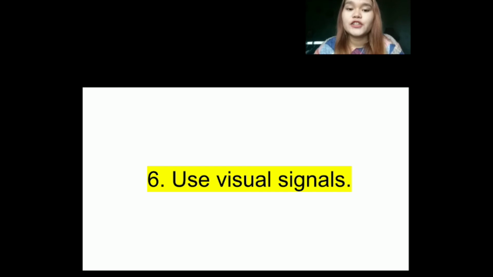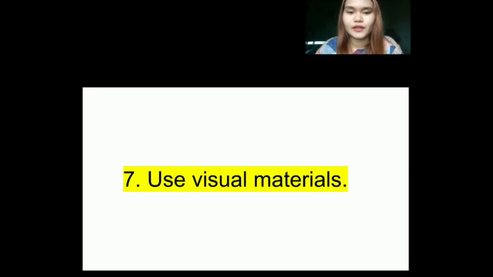Number 6, use visual signals. Flash the lights or raise your hand, which signals the students to raise their hands and close their mouths until everyone is silent. Number 7, use visual materials.